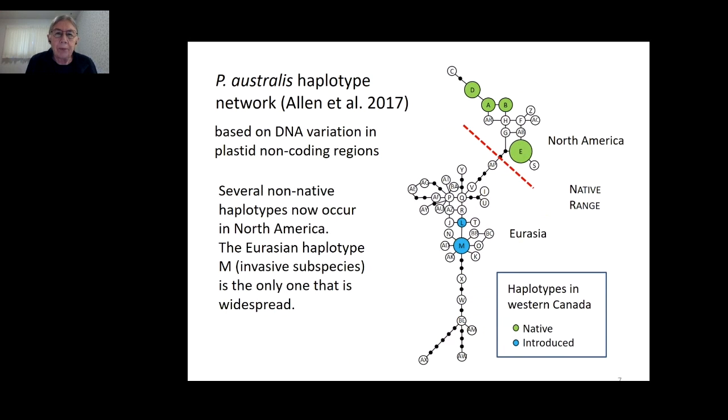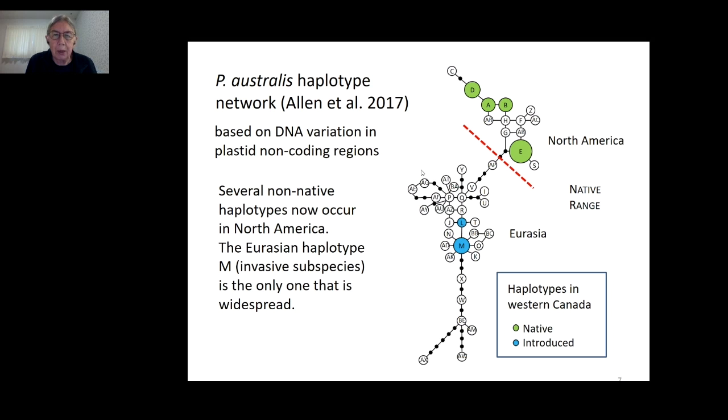This network diagram shows all of the genetic variants, the chloroplast haplotypes, known worldwide in 2017 when we published a paper on this. Any little circle with a letter inside it is a known haplotype, and the black dots show how many differences there are between one haplotype and the next.